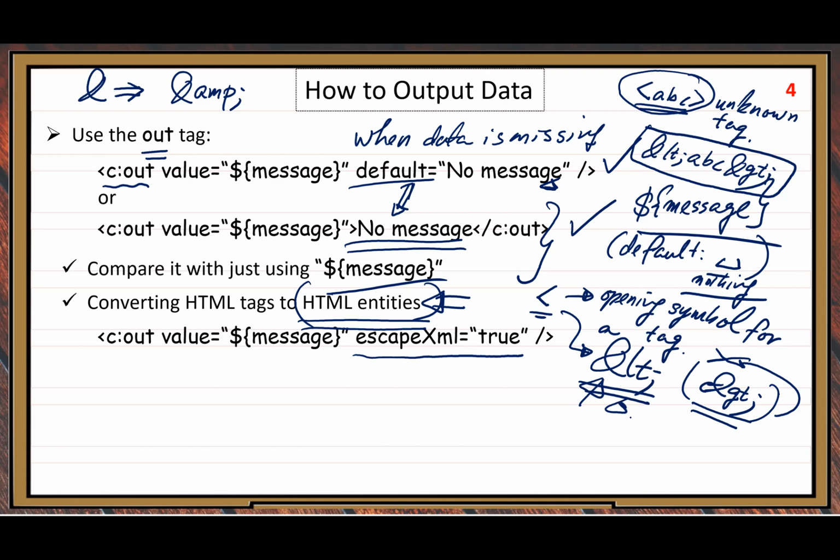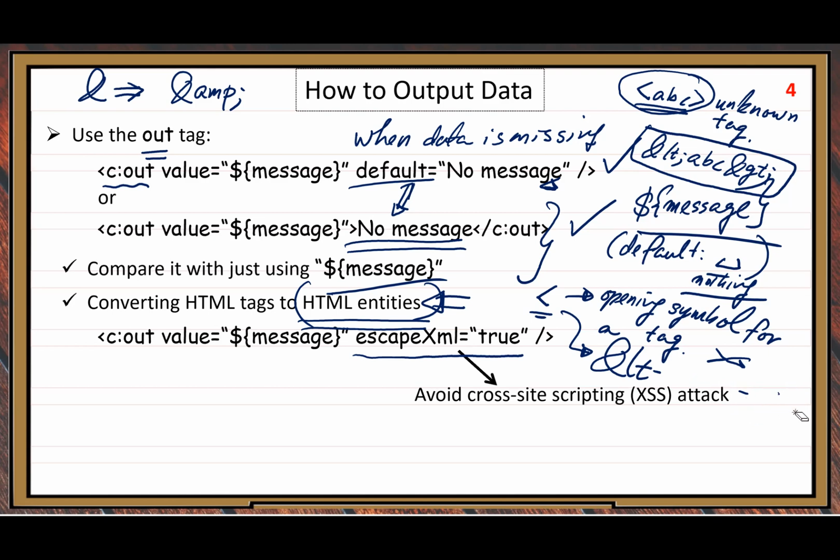Next. So here we escape. This one has a special usage. Why do people want to escape? Because to avoid cross-site scripting, XSS attacks. Hackers can use special tags.